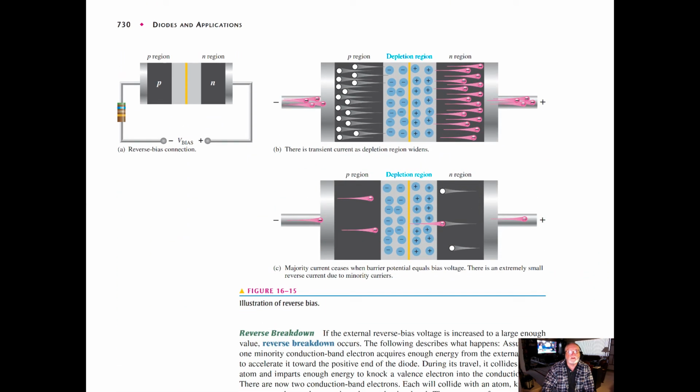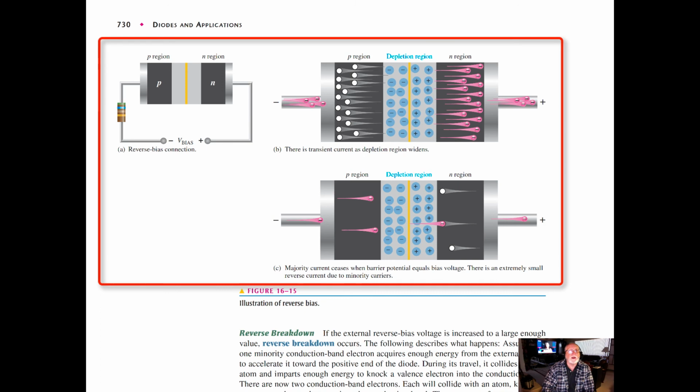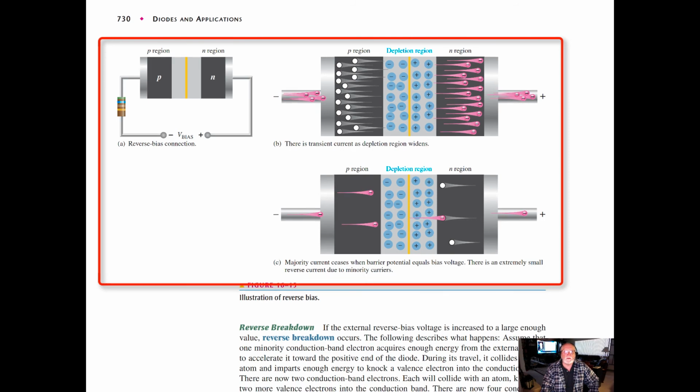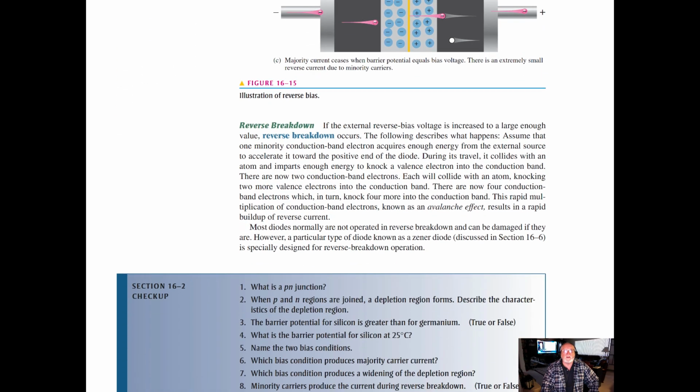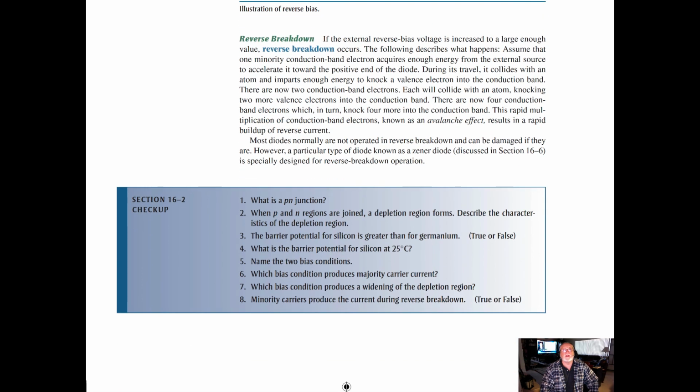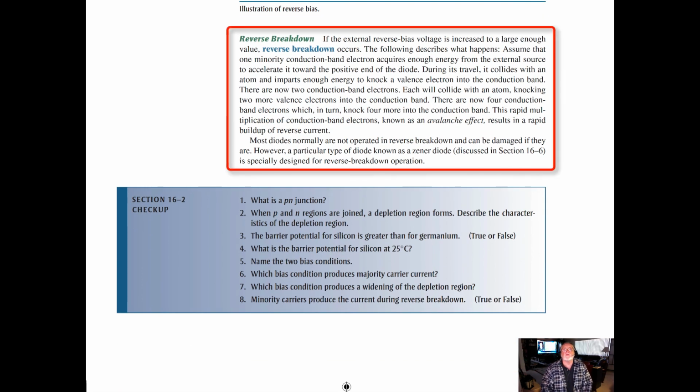Okay, so we can see here diagrammatically the reverse bias connection. There's a transient current. As the depletion region widens, the majority carriers cease when the barrier potential equals the bias voltage. Okay. There is another condition called reverse breakdown. If the external reverse bias voltage is increased to a large enough value, reverse breakdown occurs.